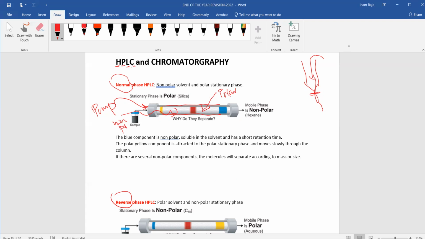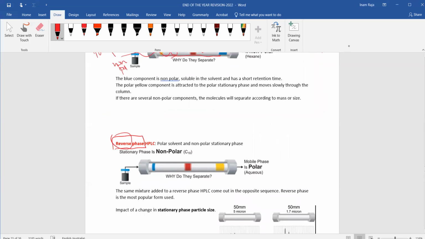Commonly the HPLC is reverse phase. Reverse phase means the stationary phase inside is non-polar. They make it non-polar by attaching long carbon chains like C18, and the solvent which passes through is polar. The mobile phase is polar.